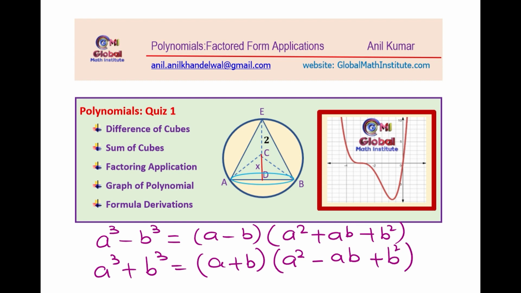So you can see the change in the sign, correct? That will help you to remember the formula itself. We are going to use this formula to answer some of the questions, and then we will have application-based questions on this particular topic. We'll also see how we graph after factoring.